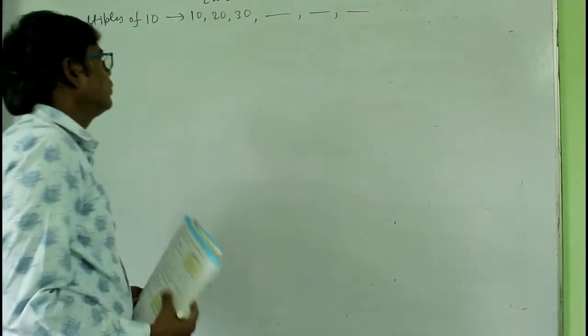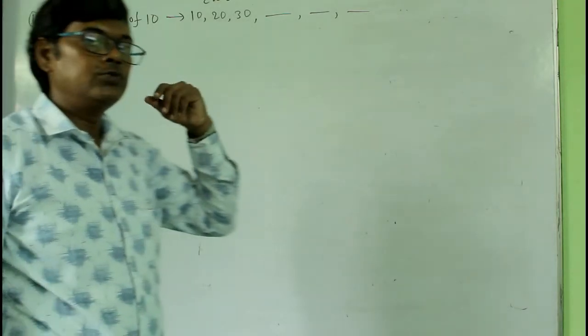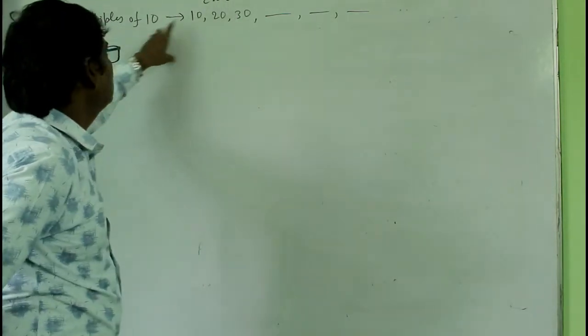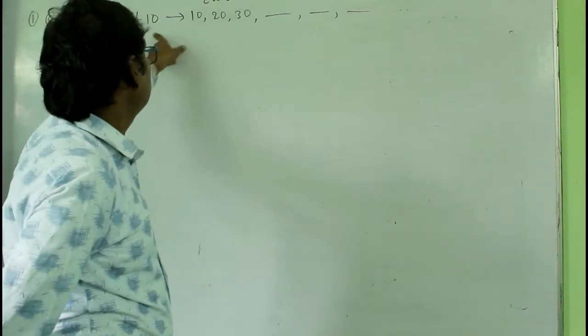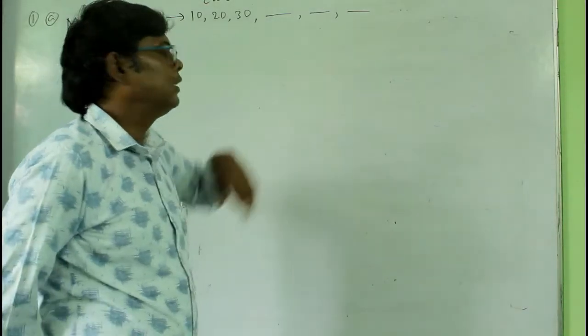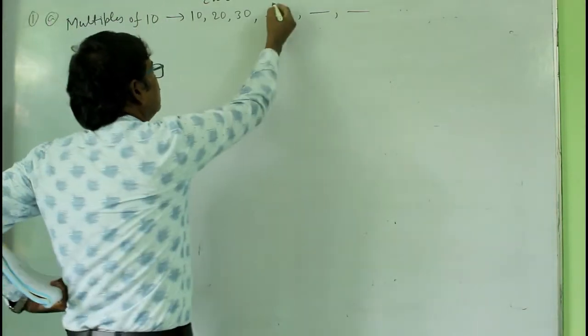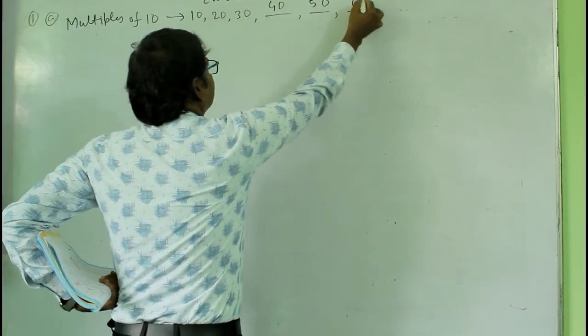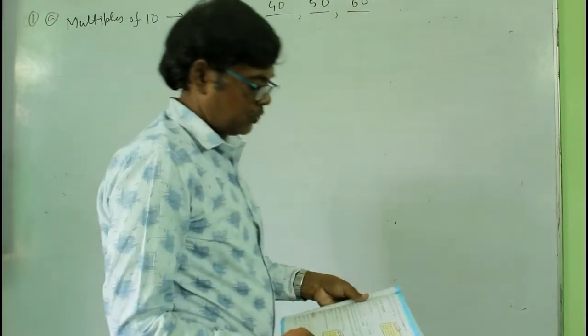So now what should be the numbers in these blank spaces? Here we are finding the multiples of 10. So 10 1s are 10, 10 2s are 20, 10 3s are 30, then 10 4s are 40. So here it will be 10 4s are 40, 10 5s are 50, and 10 6s are 60.